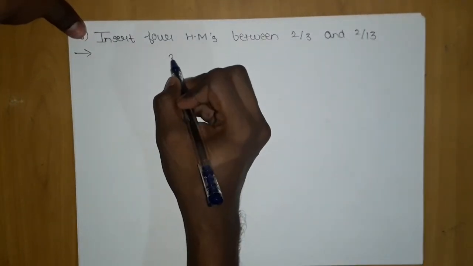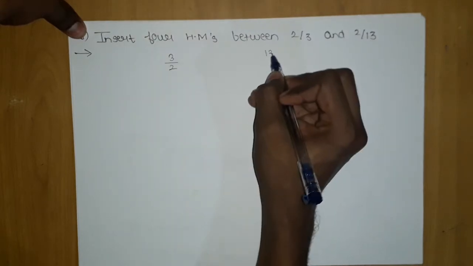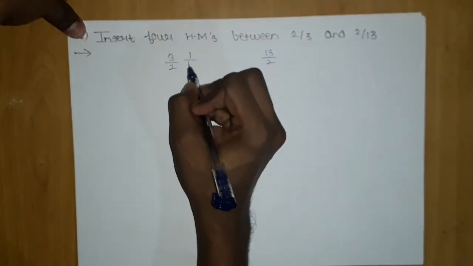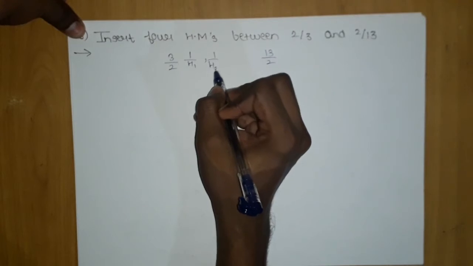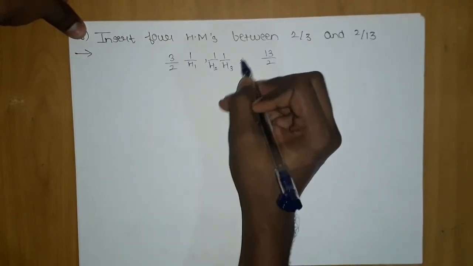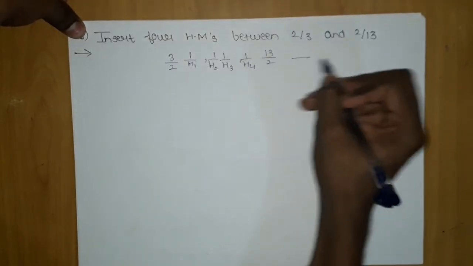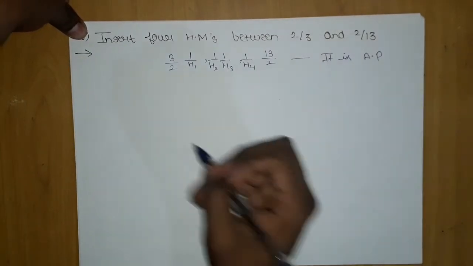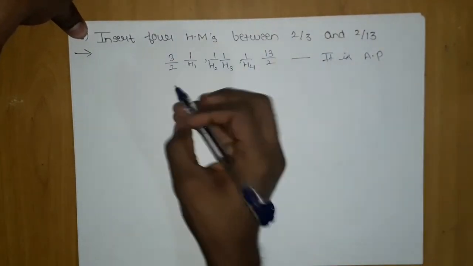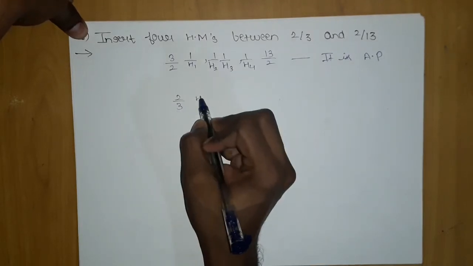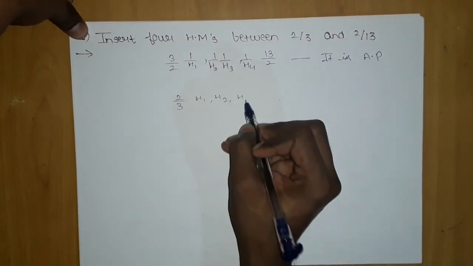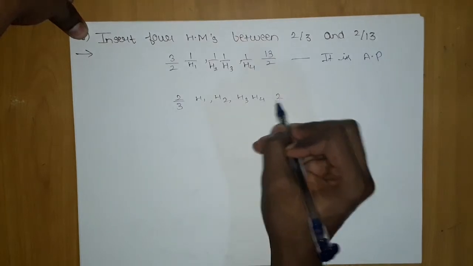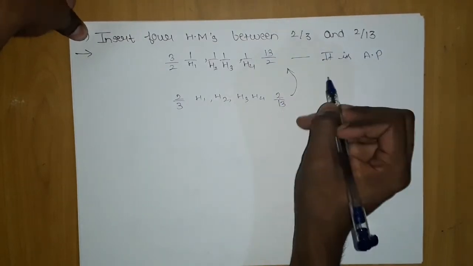So it is clear that 3 by 2 and 13 by 2, and 1 upon h1, 1 upon h2, 1 upon h3, 1 upon h4 are in AP. We have inverted all the things. It should be like this: 2 by 3, h1, h2, h3, h4, and then 2 by 13. But we have inverted this to be in AP.